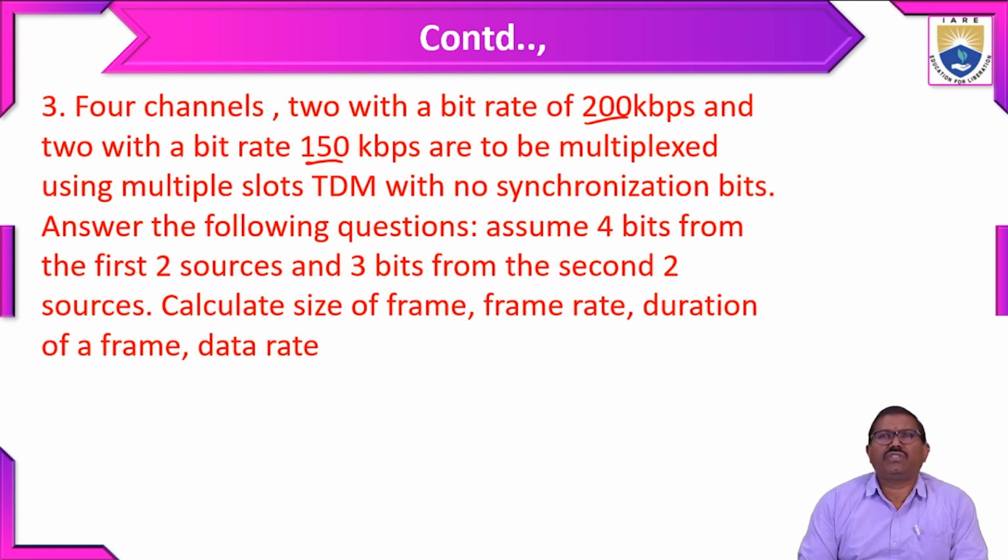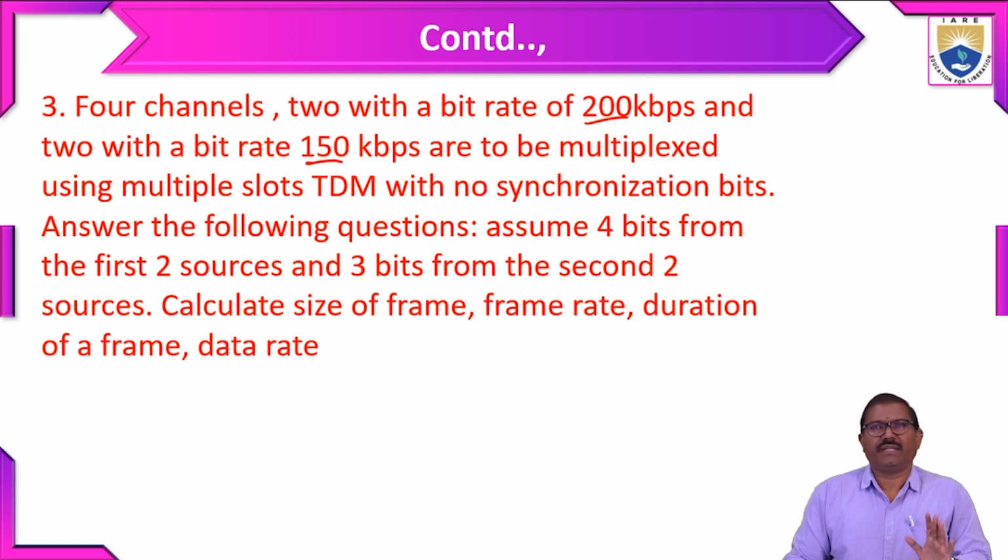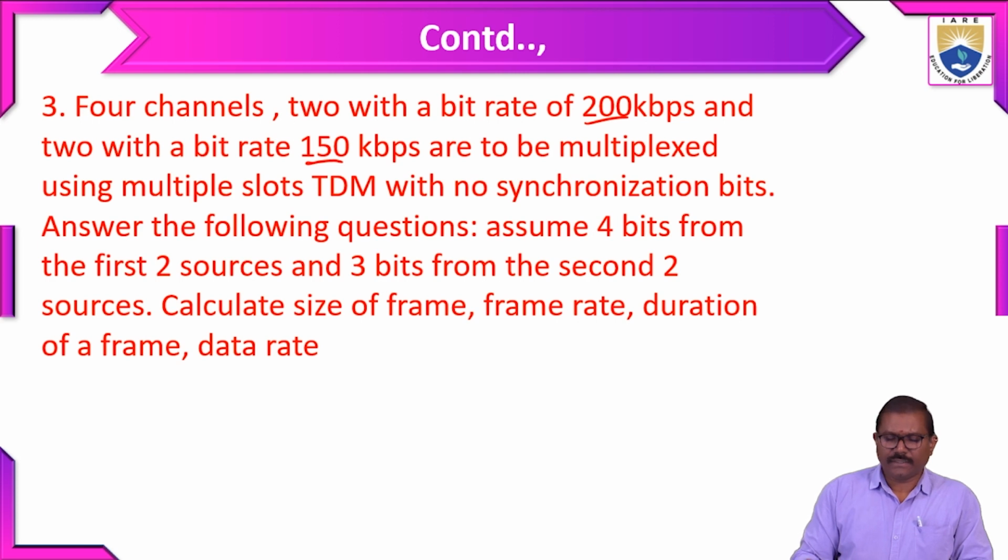So here 4 channels are going to be multiplexed by using TDM, time division multiplexing. What they ask is to calculate the frame size, frame rate, duration of frame, and data rate. But before solving this problem, they gave some clue: assume 4 bits from the first 2 sources and 3 bits from the second 2 sources.